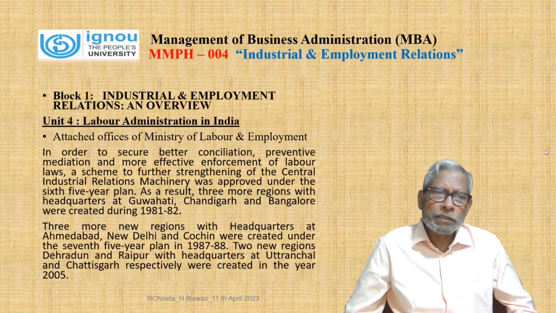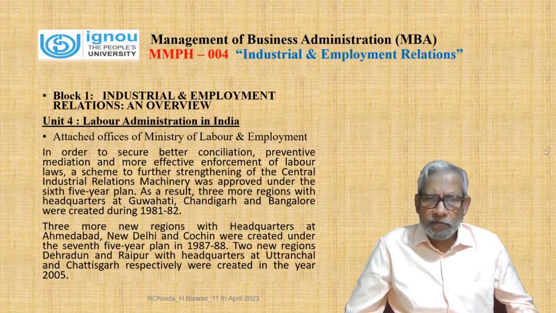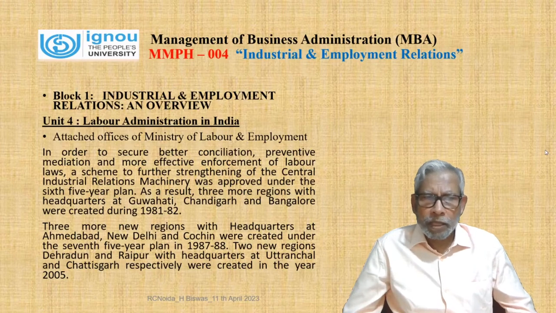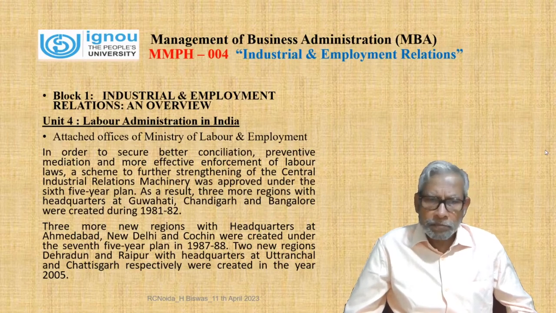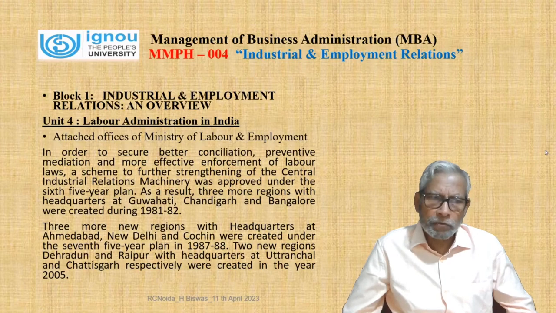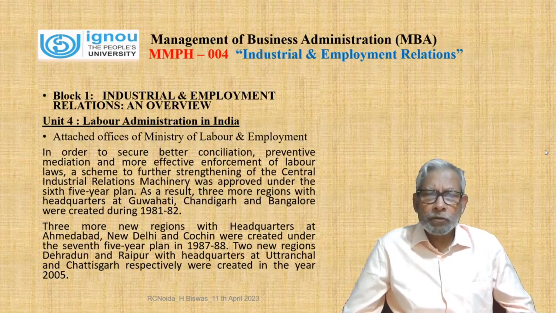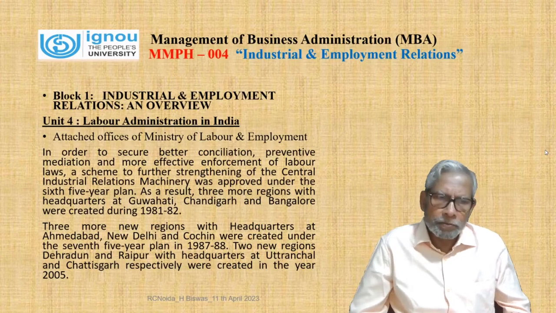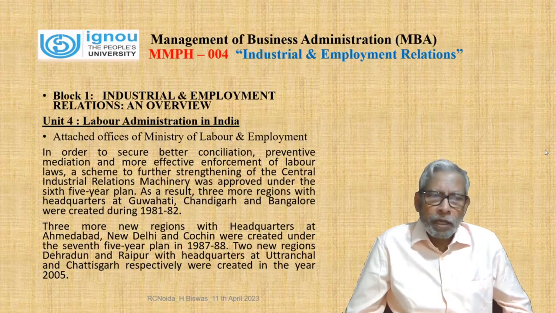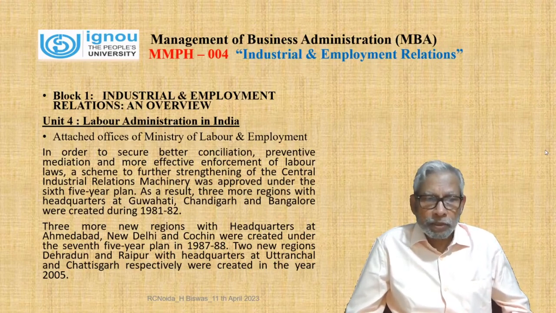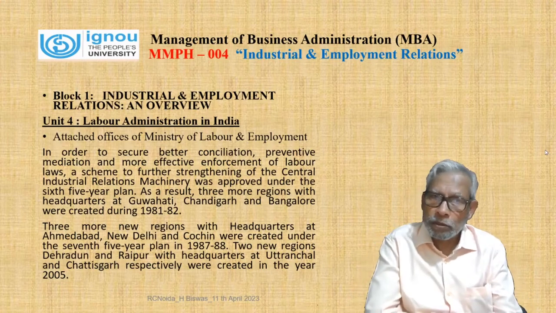So gradually it has increased. First, Guwahati, Chandigarh, and Bangalore were created during 1981 to 82. Then subsequently in the seventh plan, 1987 to 88, another three headquarters were formed: Ahmedabad, New Delhi, and Kochi. Two new regions were also created, Dehradun and Raipur, with headquarters at Uttaranchal and Chhattisgarh respectively, in the year 2005.